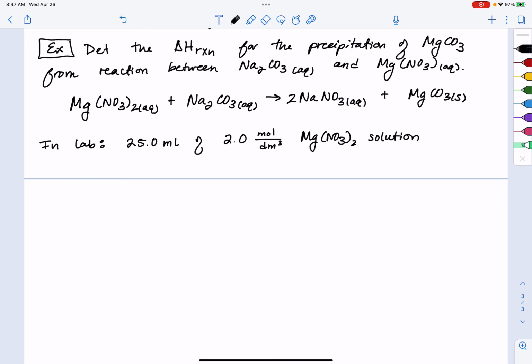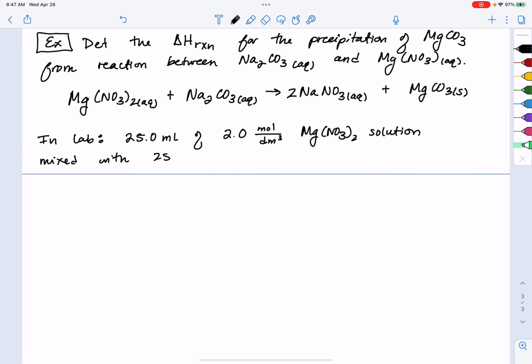Solution that is mixed with another 25 milliliters of the same concentration of our sodium carbonate.